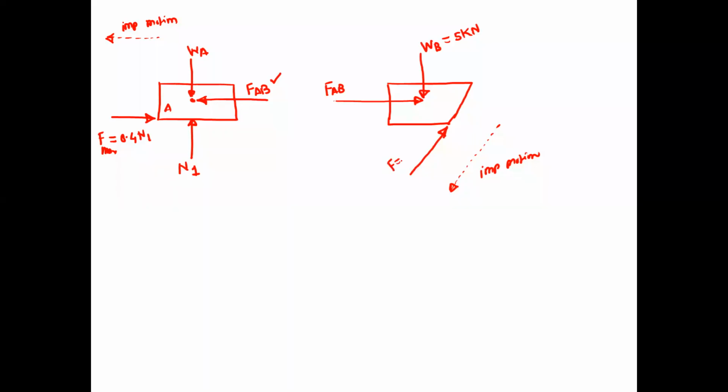Now the coefficient of friction is not directly given, so we have to find out that coefficient of friction. So mu s is equal to tan of the angle of friction, which is given as 20 degree. Sorry, not tan inverse, it is tan 20.